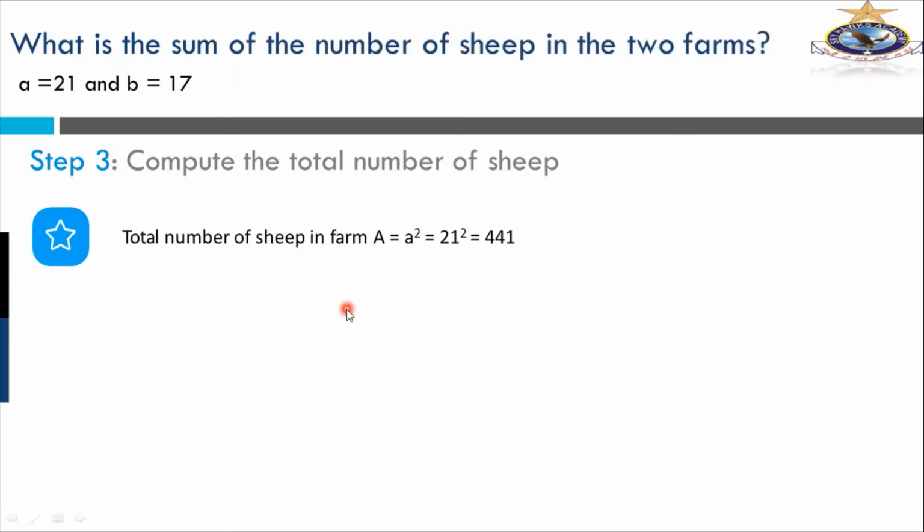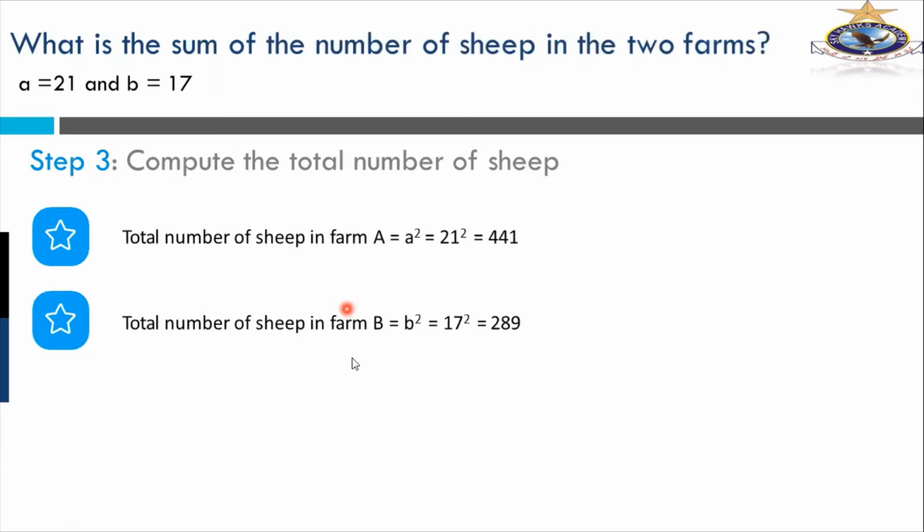In each and every row there are 21. So in this way we will have to take the square. So the square of A, that is the total number of sheep standing in farm A, is 441. And similarly, total number of sheep in B, 17 squared, this will be 289.